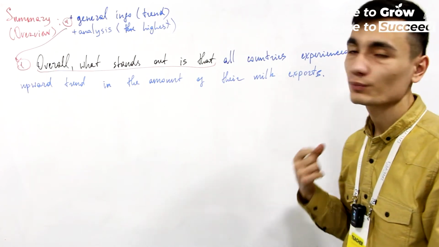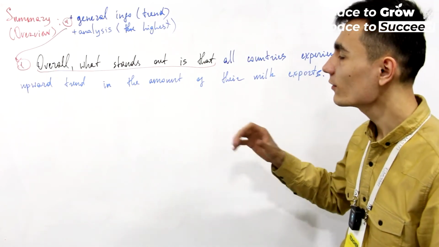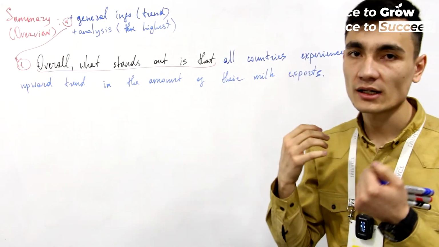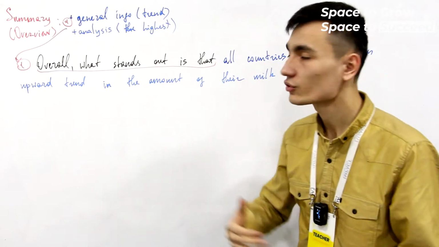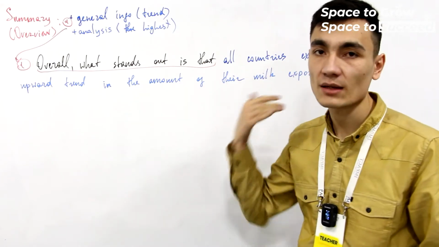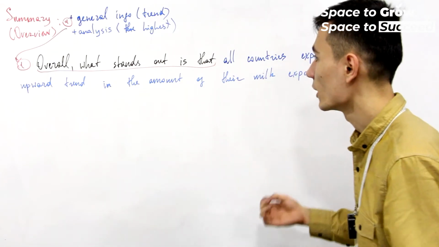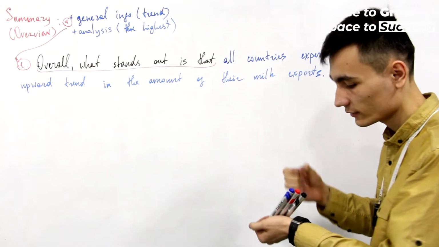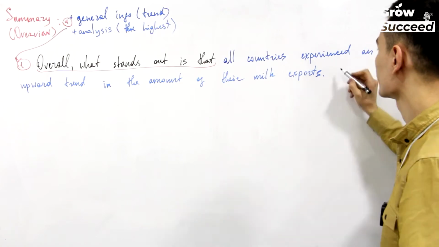You have to pay attention to the structure, because even if you say upward trend in milk exports, it will not be a clear statement. So you just have to state that it's the amount that increases. You have to pay attention to these details, and after this we'll have to give our analysis, which starts with the structure.